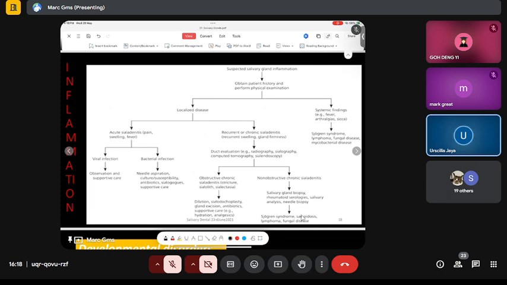Okay, you have to obtain the patient history and then perform a physical examination. Based on that, you can see if it's a localized disease or secondary to a systemic disease. When you suspect a localized disease, you see from the history, like I said, the duration, whether it's acute sialadenitis or chronic or recurrent.